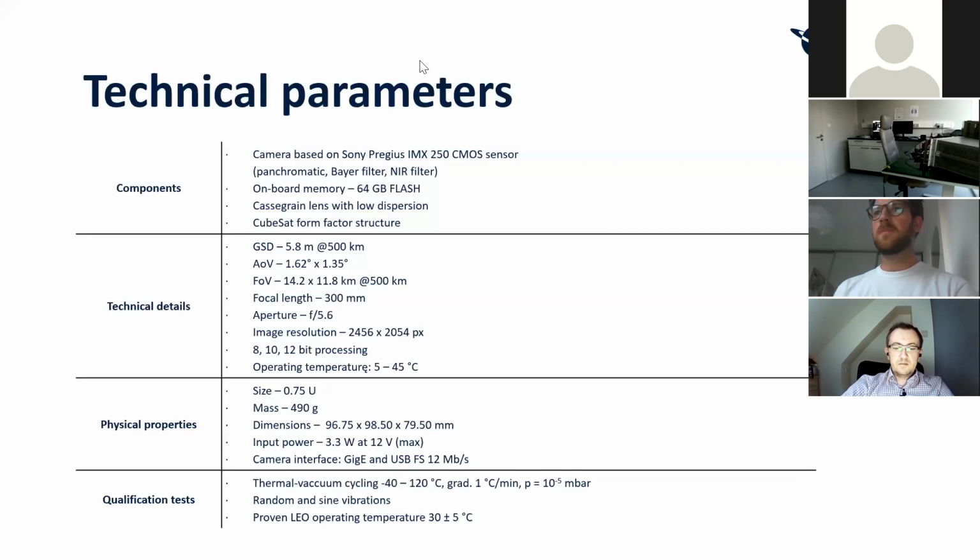No, what I was asking is, are you able to hear me? Yes, we can hear you. So two questions. When you mentioned the lens, the panchromatic image that you have seen, is it through reflective optics or through the lens that you have mentioned?